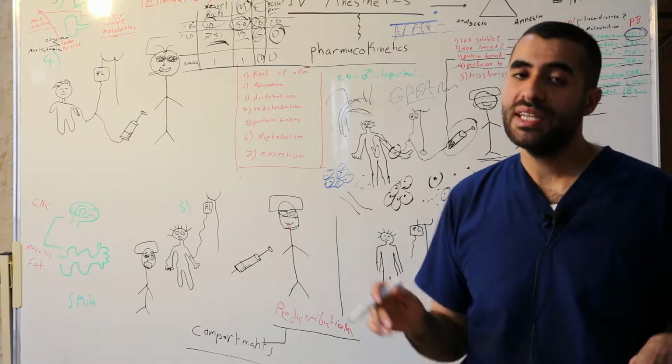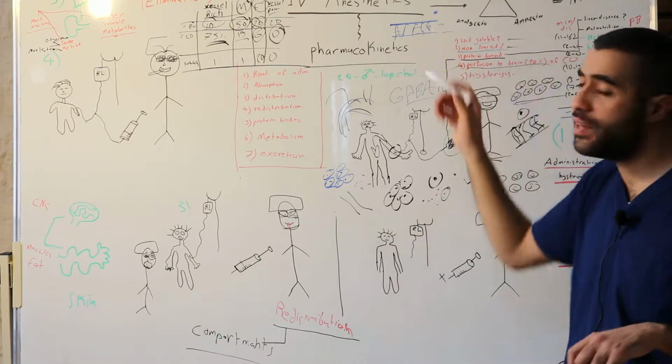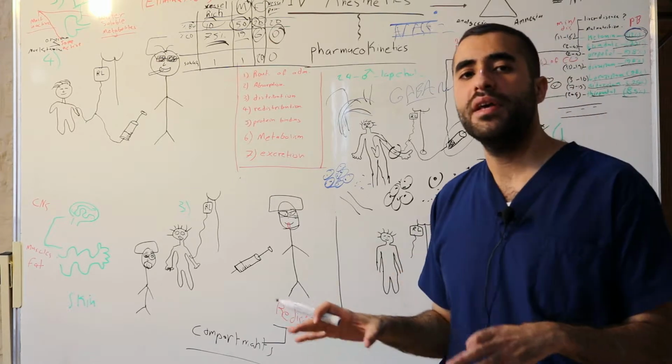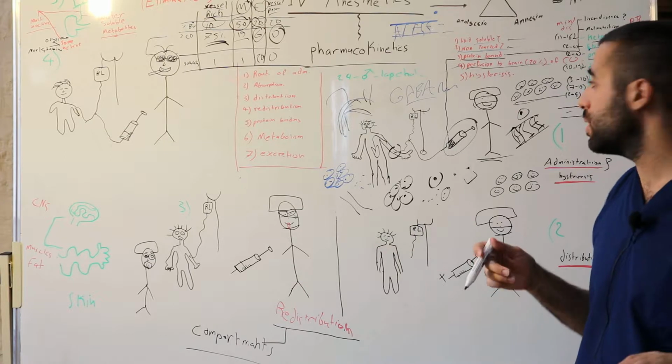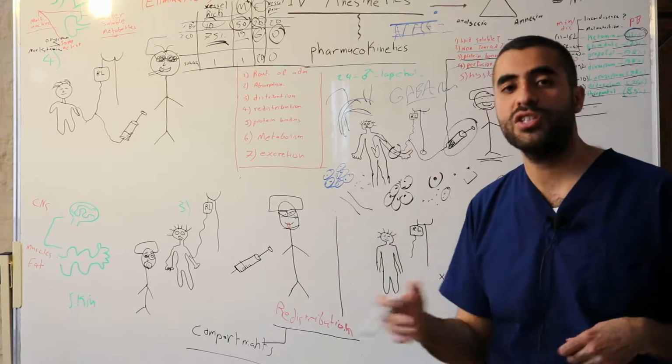Okay, but actually this is not the only factor that determines the rapidity of action of the drug, or the distribution time of the drug, or the arm-brain circulation of the drug.